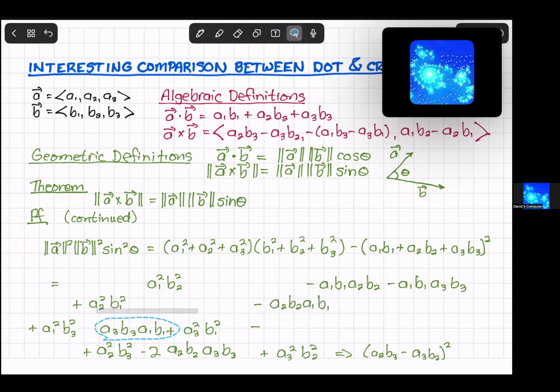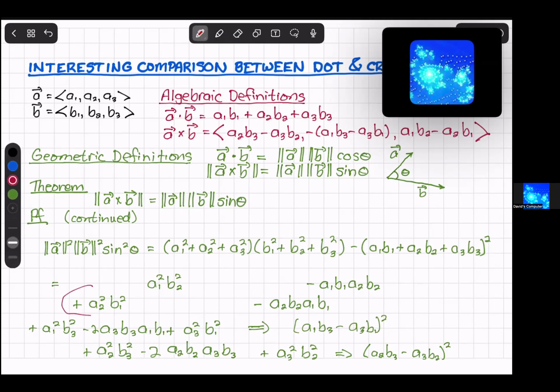Bring that to the middle. Precede it with a -2. And this expression is A1 B3 minus A3 B1 quantity squared. So I've now used up those pairs.